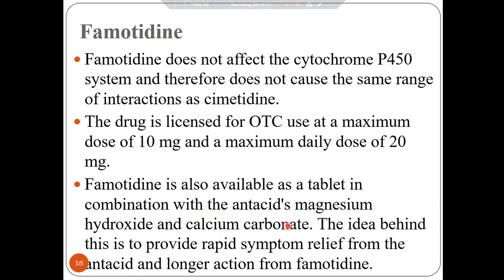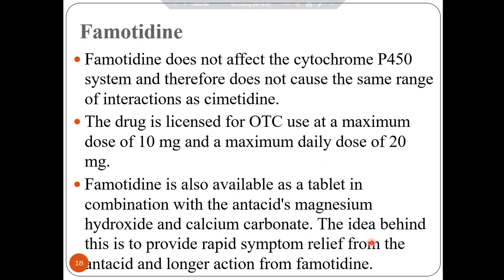Famotidine is also available as a tablet in combination with the antacids magnesium hydroxide and calcium carbonate. The idea behind this combination is to provide rapid symptom relief from the antacid, because famotidine has a slower onset of action but a longer duration of action.